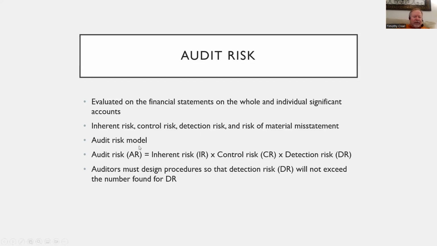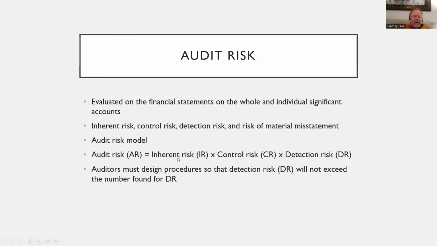So there's an audit risk model, which is: audit risk is equal to inherent risk times control risk times detection risk. Auditors must design procedures so that detection risk will not exceed the number found for DR, for detection risk. So basically, you use this model to determine what your detection risk is going to be, and then you design your procedures based on that.